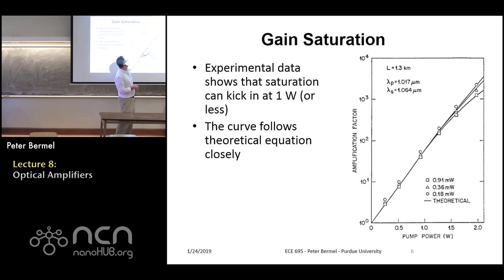there's a linear amplification factor as a function of pump power. But as the pump power becomes larger, on the order of 1 watt or greater, you see that the amplification factor starts bending over. Keep in mind that this is a log scale. So if there's any bending at all, that's a big change in the absolute ratio.